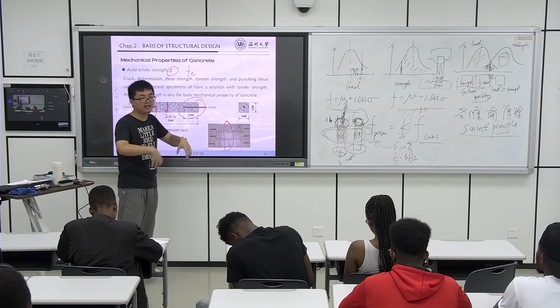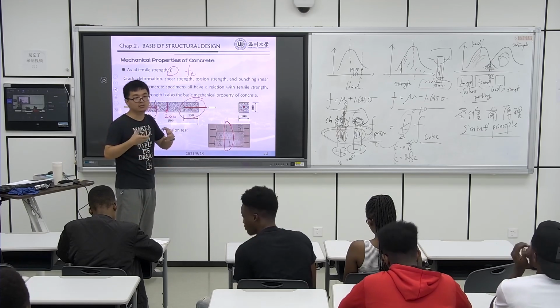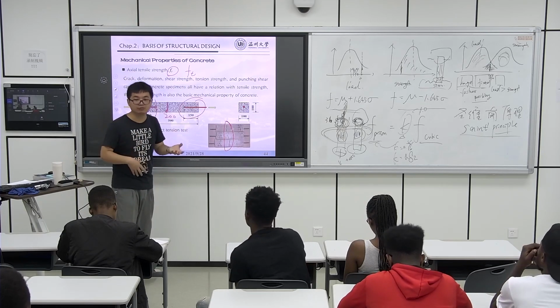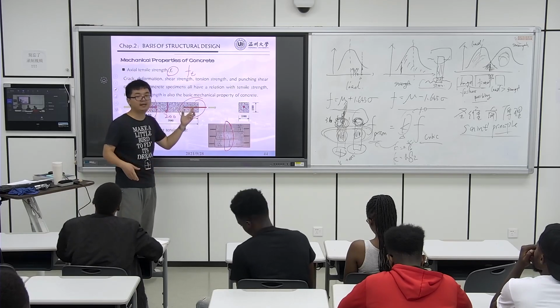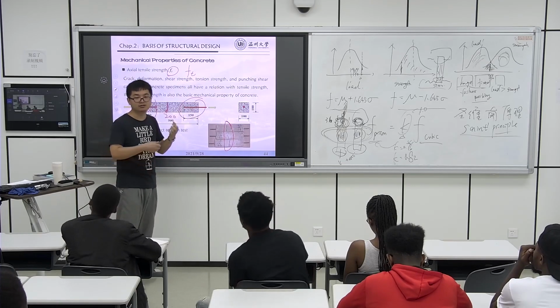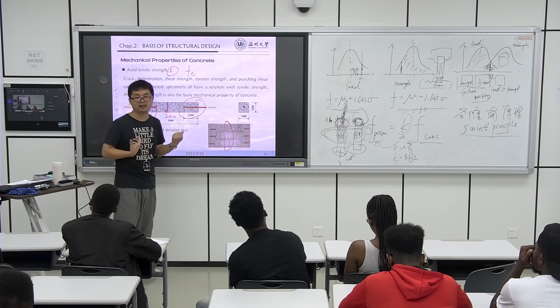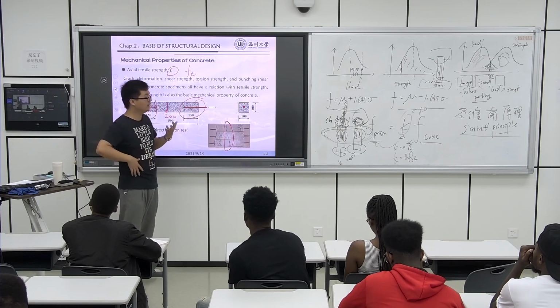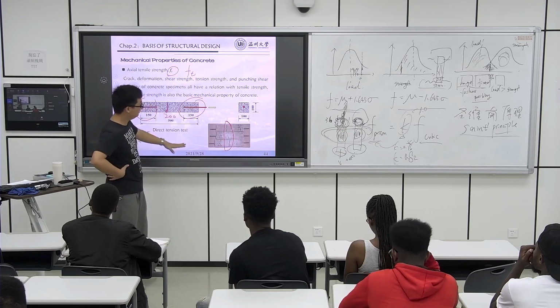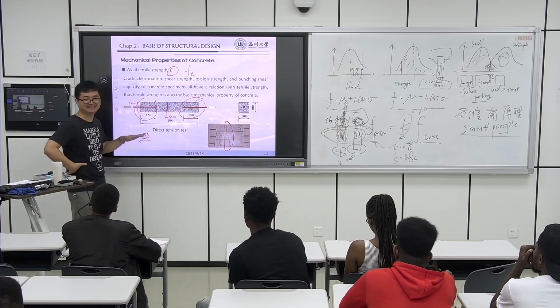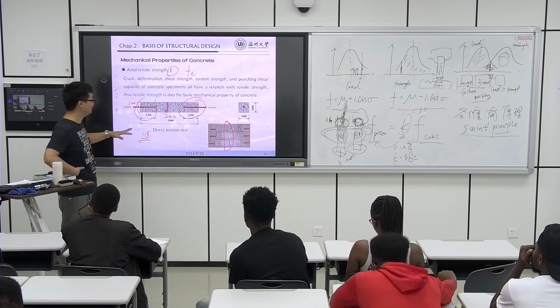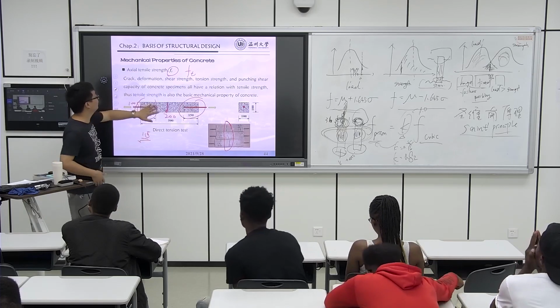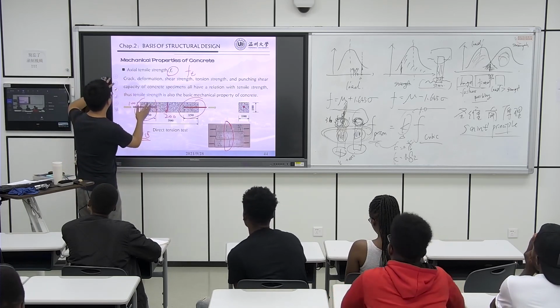Because the hand sometimes we do not easily control, but with the steel bar embedded, it may be easy to control the force or matters to make the standard specimen. Yeah, okay.